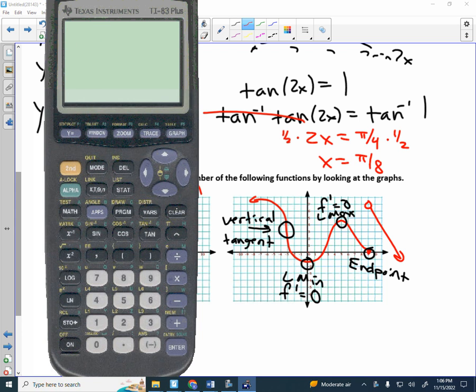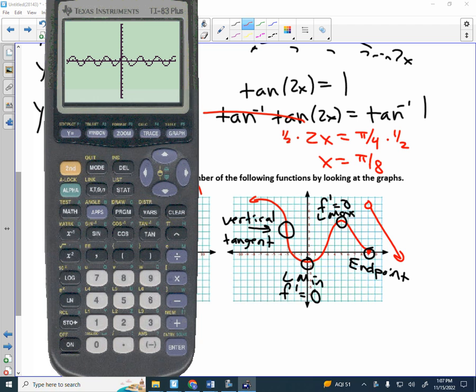So if I look at my function really quick, sine of 2x plus cosine of 2x, and if I zoom standard, hopefully I'll see that this function, which looks similar to a sine or cosine function, at pi over 8 has a local max.